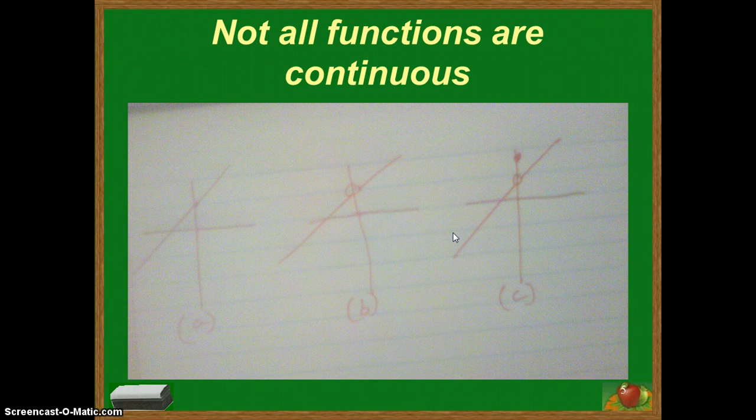It's interesting to note that in graphs b and c, the reason that b fails is because the function is not defined. The limit does exist. We could remove this discontinuity simply by defining the function at x equals 0. In c, we could also remove the discontinuity because all we have to do is redefine it at x equals 0.